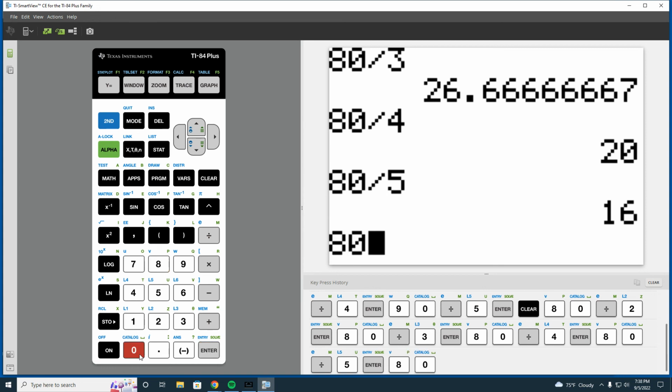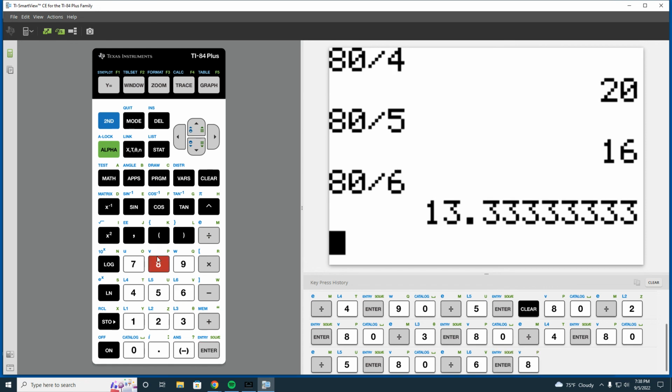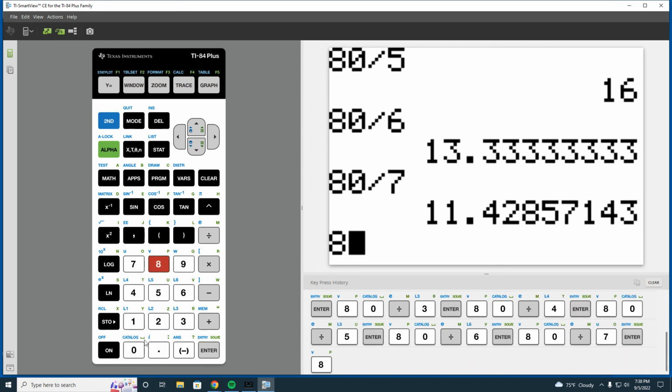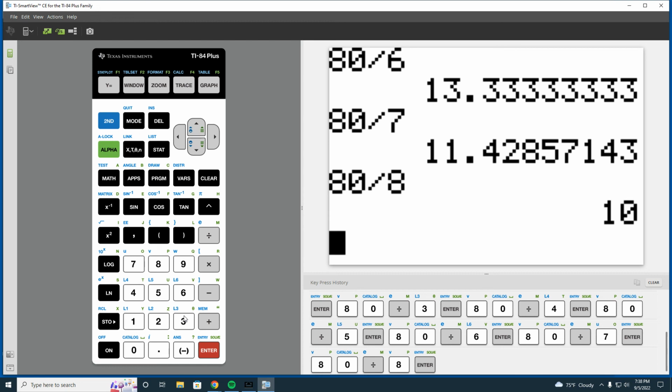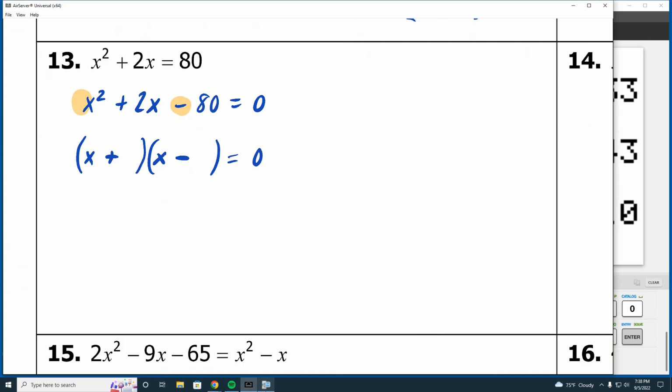That's not it. 80 divided by 6 doesn't work. 80 divided by 7 doesn't work. 80 divided by 8, most of y'all probably came up with this already, is 10. What's the difference between 8 and 10? 2. Now, remember, let's go back. We know it has to be 8 and 10. They are the only ones that have a difference of 2.